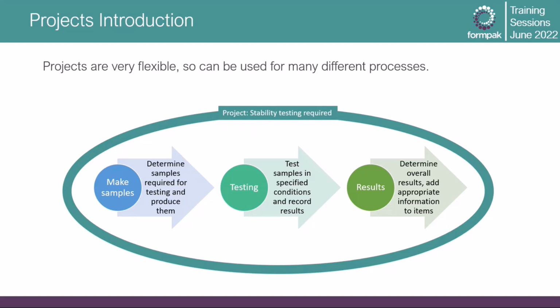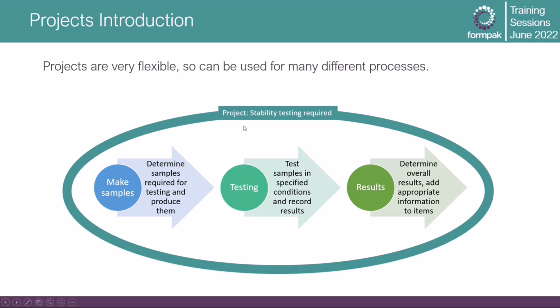Now, projects are very flexible, so they can be used for lots of different processes, and we need to have that in Formpak because of the variety of companies that are using Formpak, and it gives you lots of options as to how you can set up your flows.